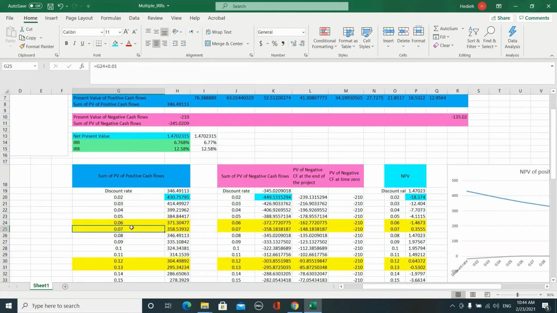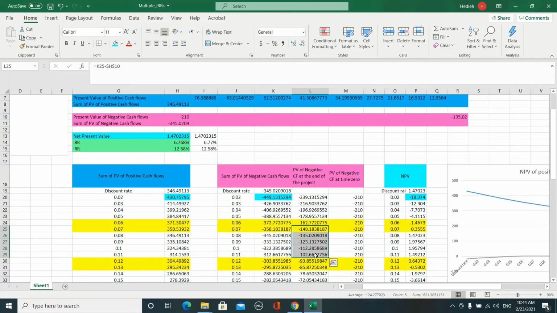After 7%, when you increase your interest rate, the present value of your positive cash flows starts to decrease more and more because now you're discounting them at a higher rate. The present value of your negative cash flow in year 10 starts to decrease again more and more because you are using a higher discount rate.